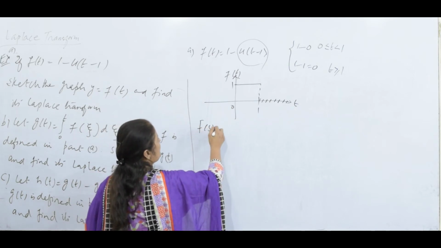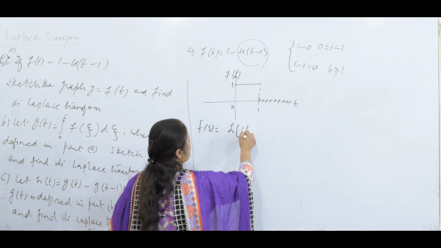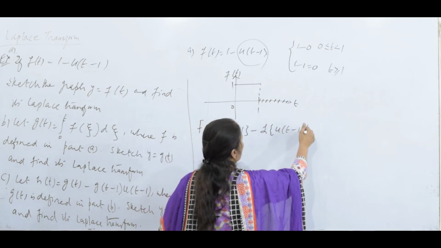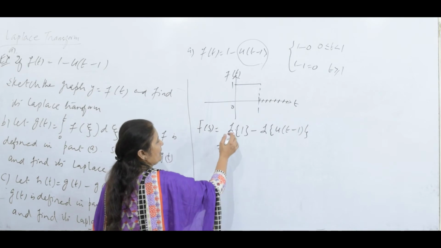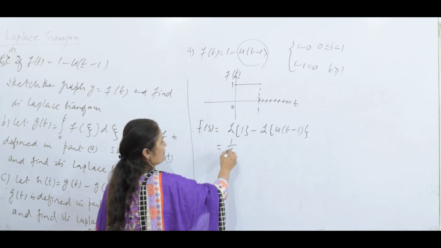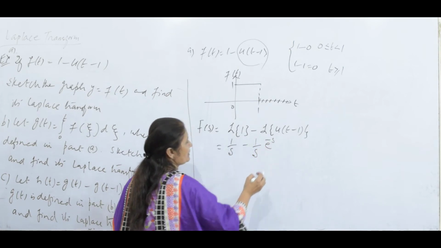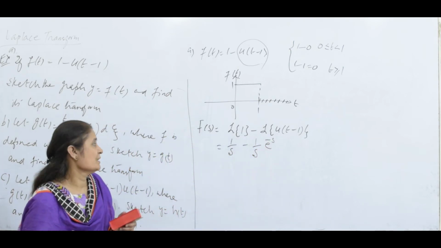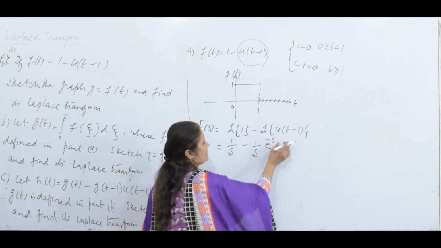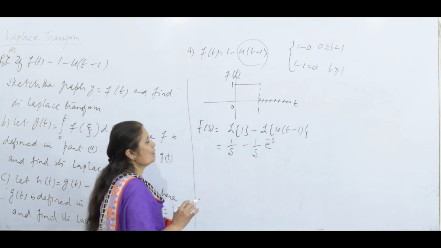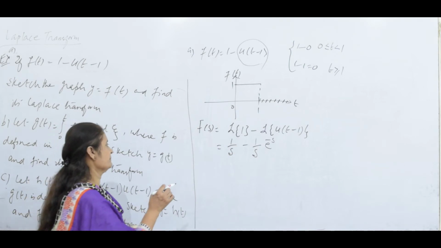F of s is the Laplace transform of 1 minus the Laplace transform of the unit step function. The Laplace transform of 1 is 1 over s, and for the unit step function it is this, because we have seen the Laplace transform of the unit step function is 1 over s e to the minus a s. A is 1 this time. So part A is complete.